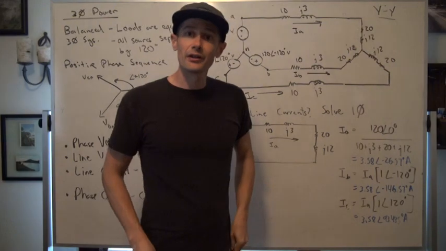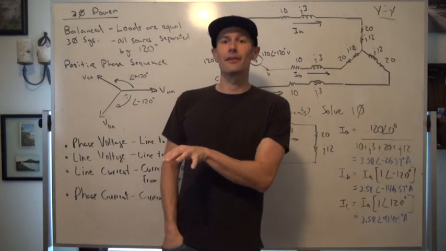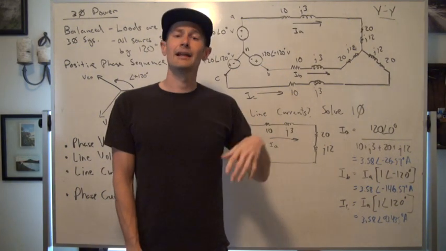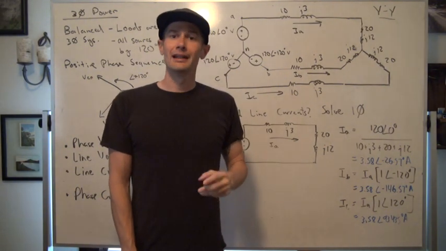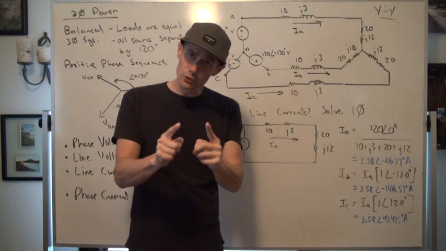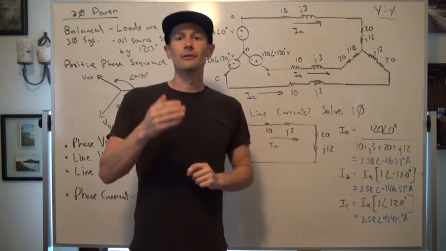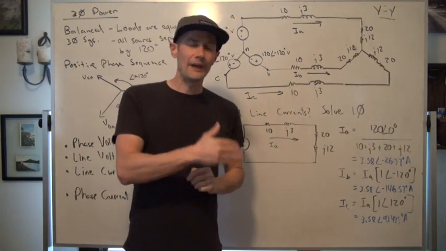And again, what this does for us, because the voltages from the source in each phase are the same, the load is the same, and they have a neutral point, is allow us to solve just one phase at a time.